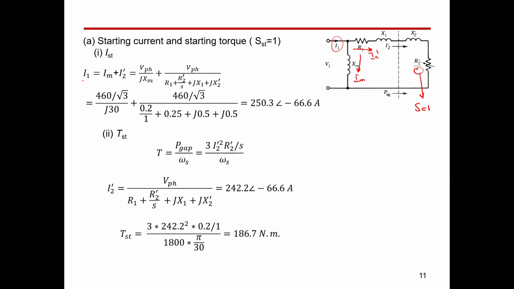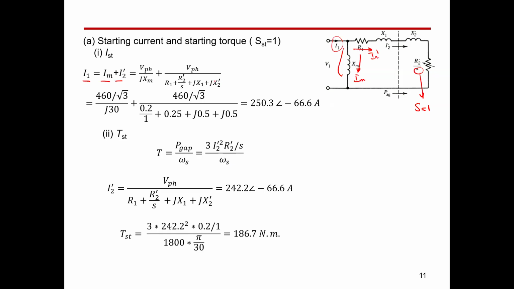So it's written here I1 equals Im plus I2 prime. Im is nothing but V1 divided by jXm, plus I2 prime, which is V phase divided by this impedance here, which is R1 plus R2 prime divided by S plus jX1 plus jX2 prime.